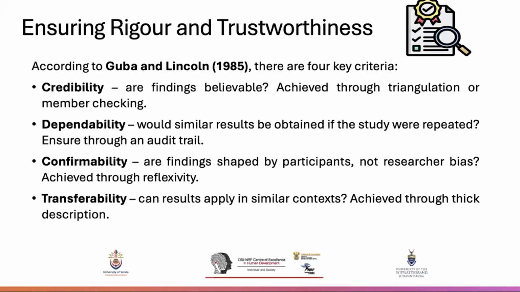And then the analysis part: how was the data transcription done, who did the coding? Was it you only, or was the data analysis done by multiple coders, and so forth?